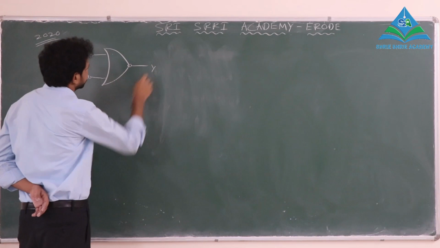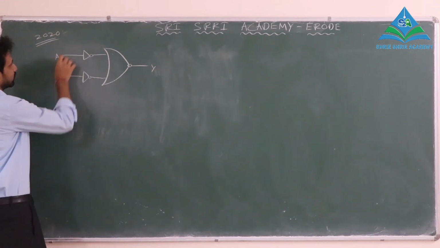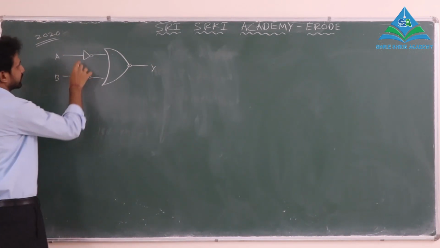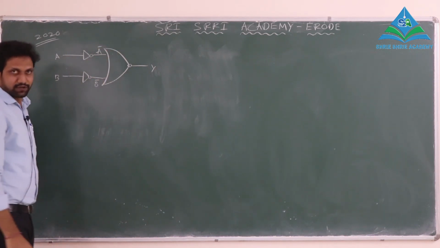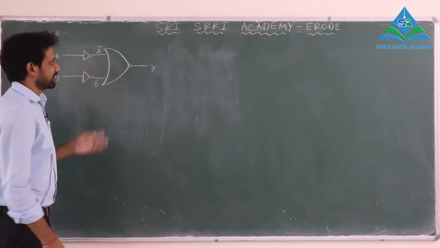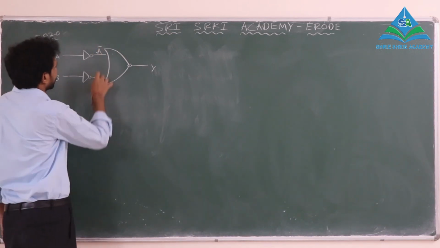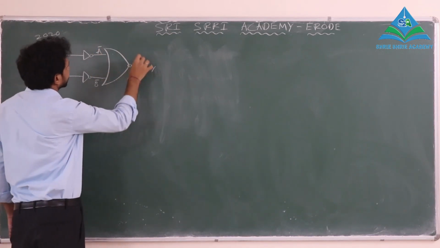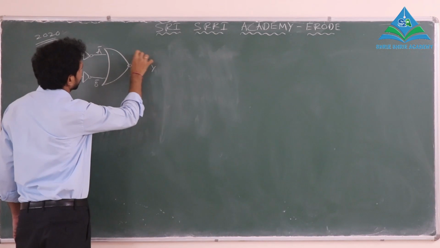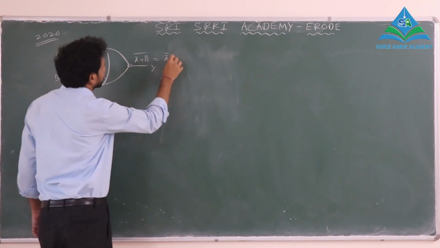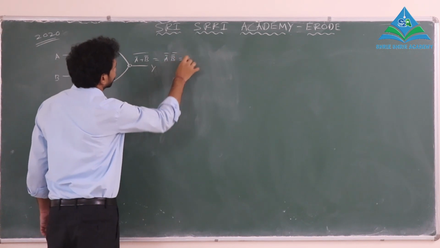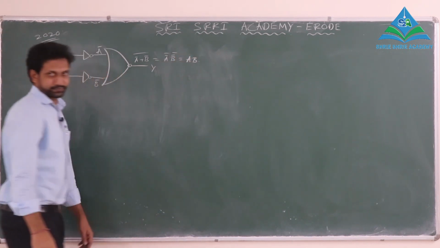This is the output. If you apply the rules of Boolean algebra here, A complement, B complement, and if you solve this question generally, it will take 3 to 4 minutes. A complement plus B complement whole complement is A complement whole complement into, so finally you will get A.